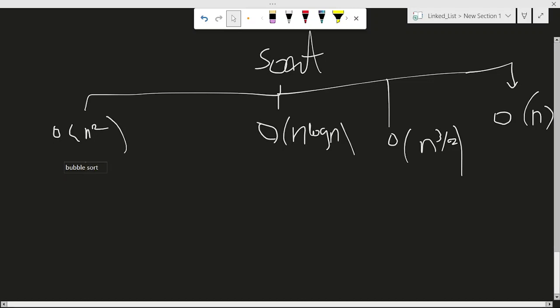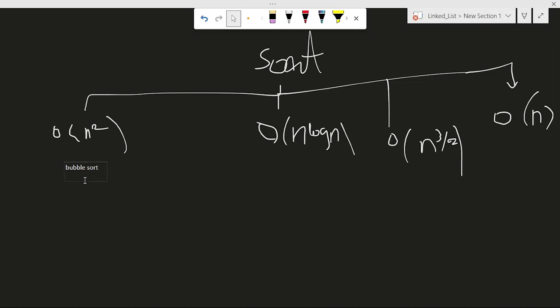This is the first one, and usually you will have heard of it. Then the second one is insertion sort, and the third one is selection sort. I think these three are common, and people will have heard of these three sorting techniques.